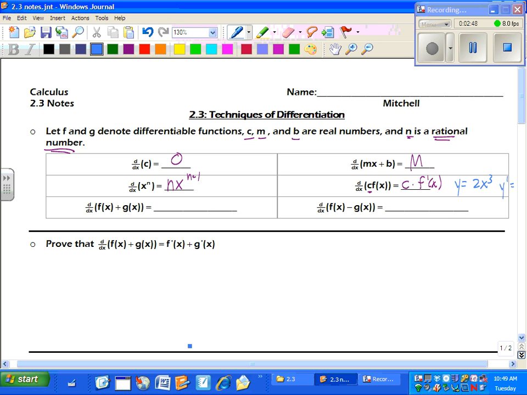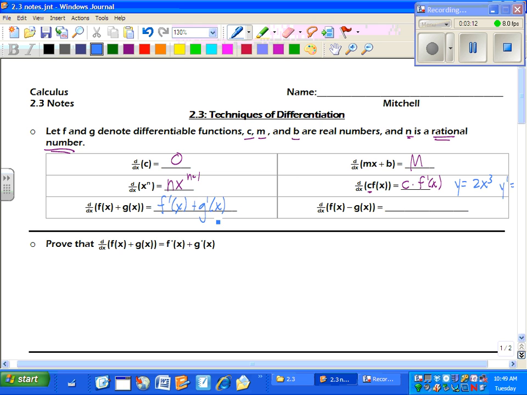All right, these next two are the new ones. The other ones we've dealt with before. If we take the derivative of f of x plus g of x, so the sum of two different functions, what do you think it's going to be? The derivative of f of x plus the derivative of g of x.